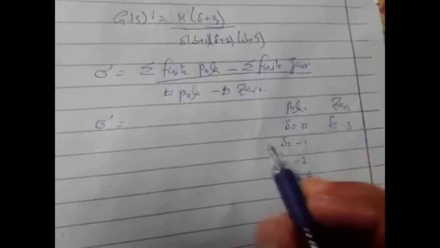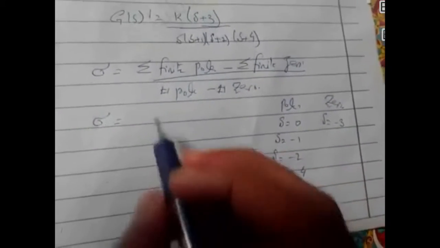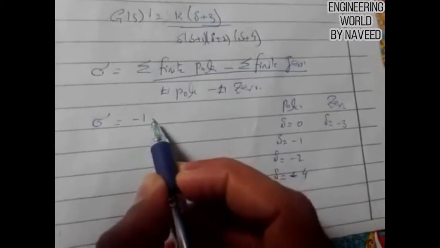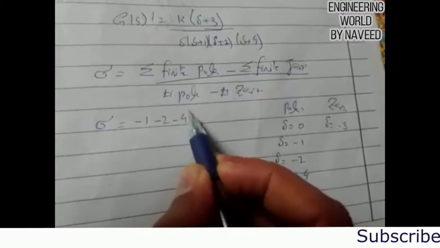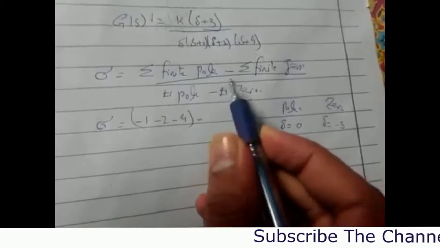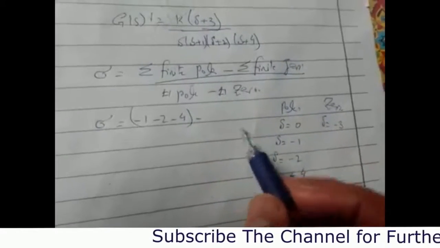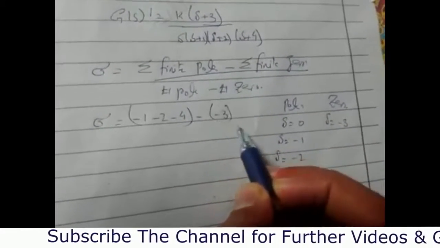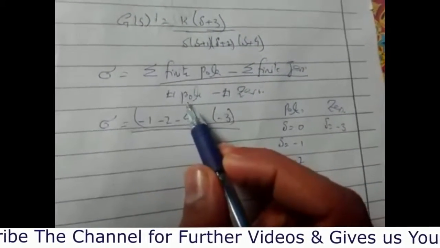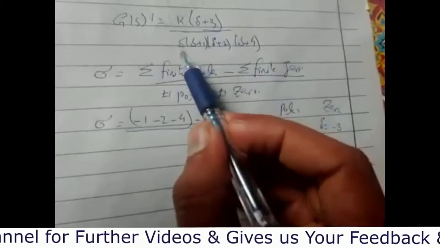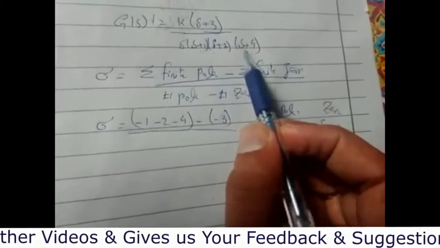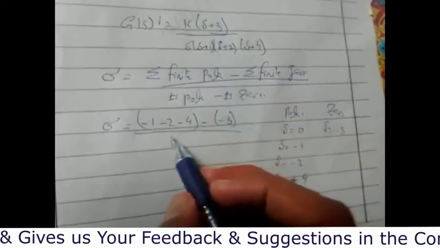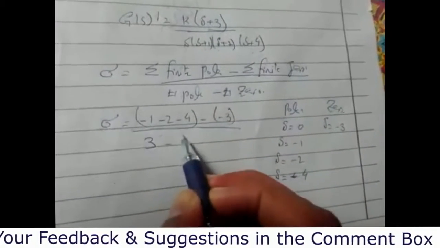So we have the sum of all the finite poles, that is -1, -2, -4, and minus the sum of all the finite zeros, that is -3. The number of finite poles is 1, 2, 3, 4, so 4 finite poles and 1 finite zero, so the denominator will be 4 minus 1.